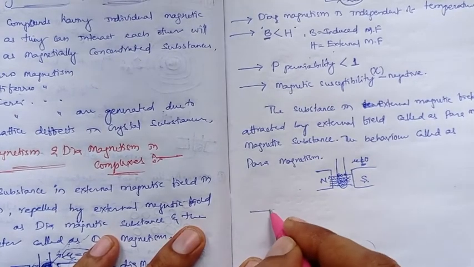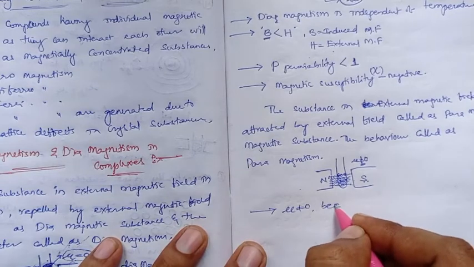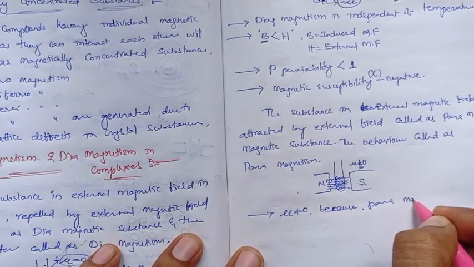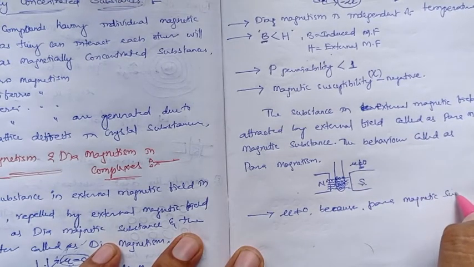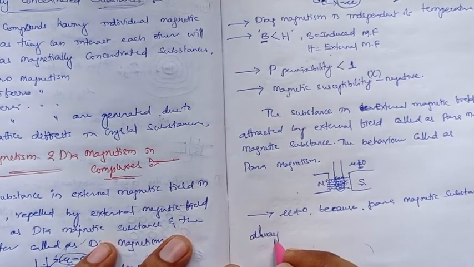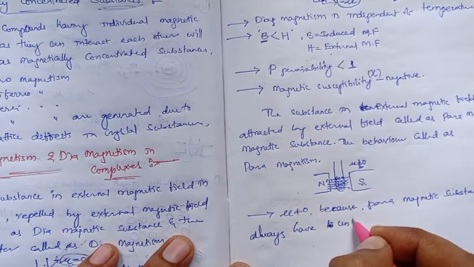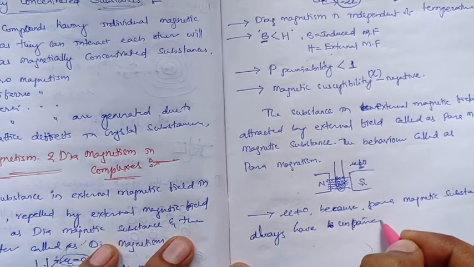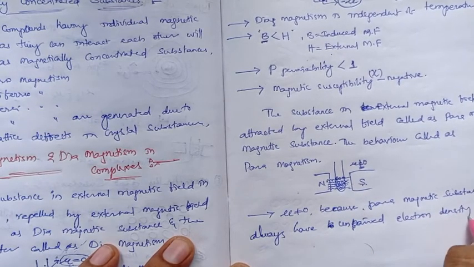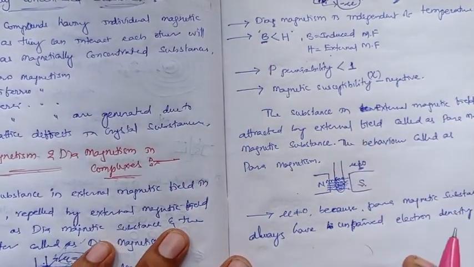Why is the magnetic moment not equal to zero? Because paramagnetic substances always have unpaired electrons. The number of unpaired electrons may be 1 or more than 1, any number, right?